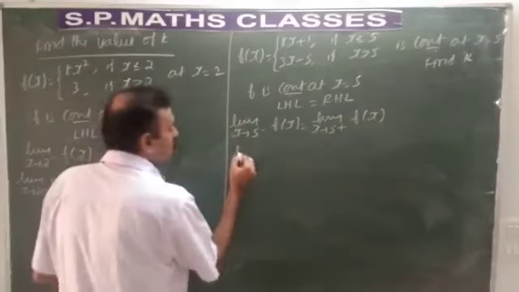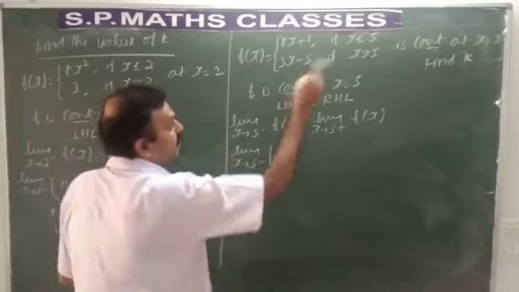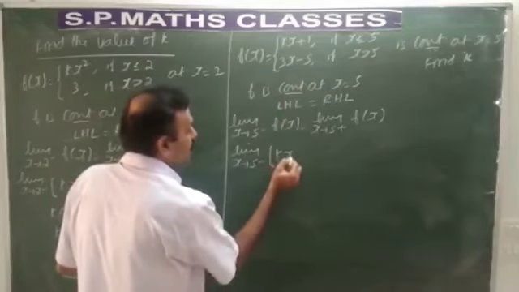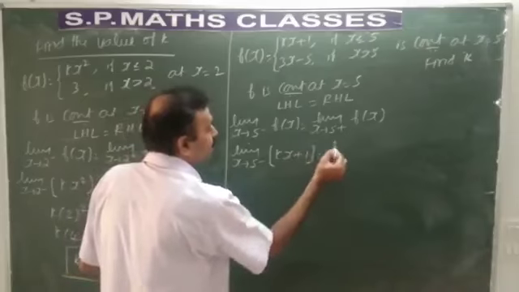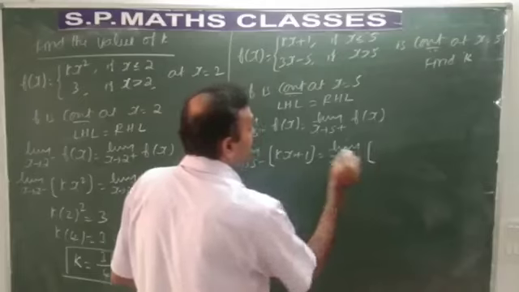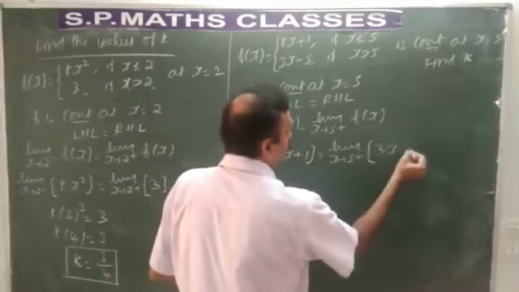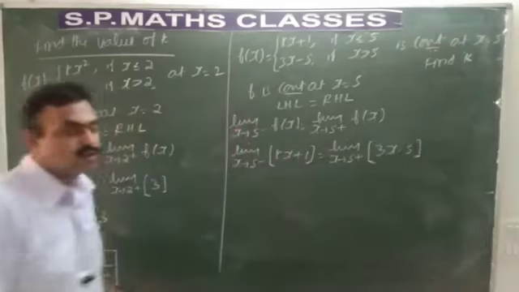So what happens now? Limit as x tends to 5 minus, less than 5, is kx plus 1. Limit as x tends to 5 plus, greater than 5, it is 3x minus 5. I think you have understood how we have solved this.